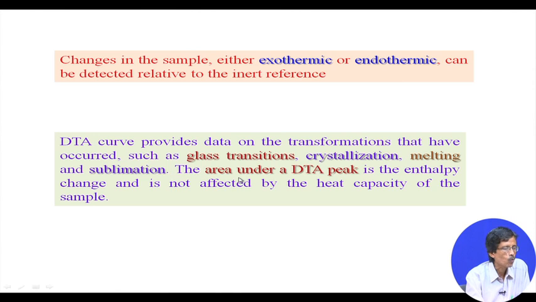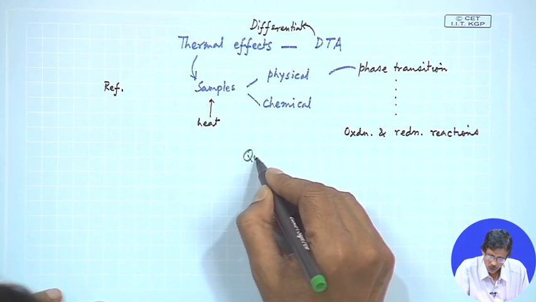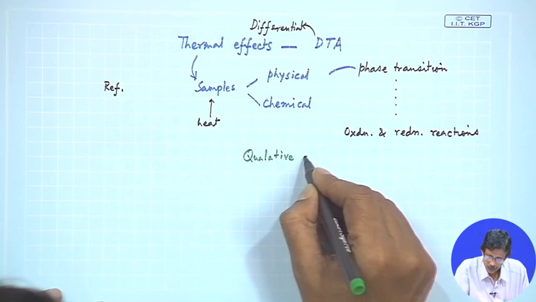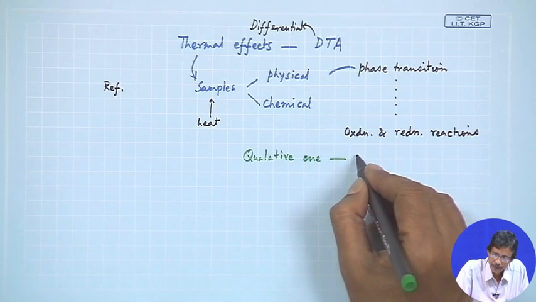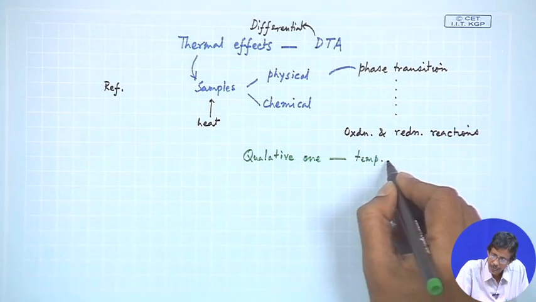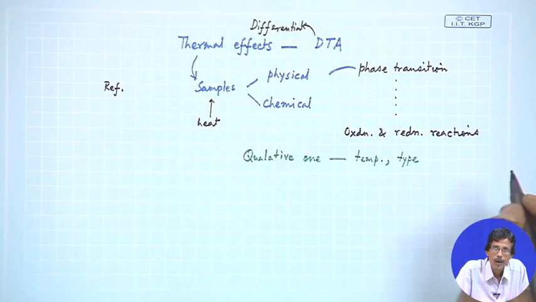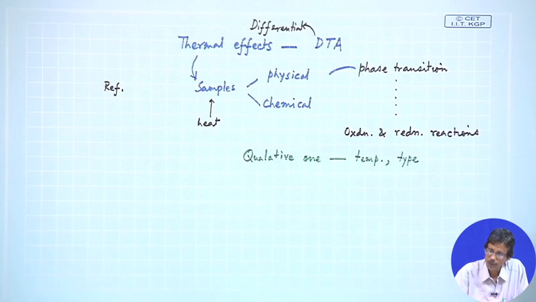And if we go for some quantitative estimation, when we look at these two things, that means the qualitative aspects, what we can see is the temperature as well as the type of reaction, whether you have the endothermic or exothermic reaction, that we can monitor.